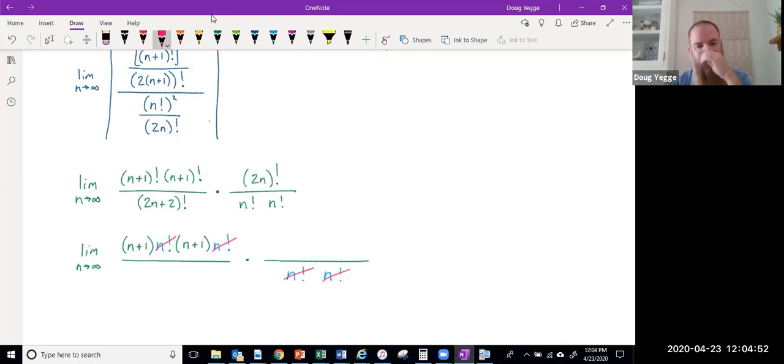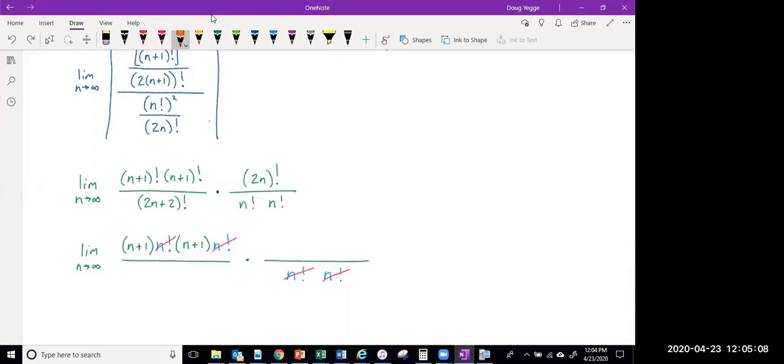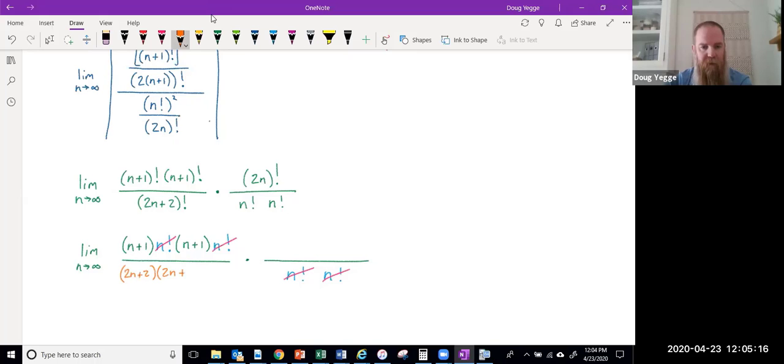So now let's think about 2n plus 2 factorial and 2n factorial. Obviously, this one right here is bigger. So what does 2n plus 2 factorial mean? This is 2n plus 2 times 2n plus 1, and then times 2n, times 1 less than that, times 1 less than that.